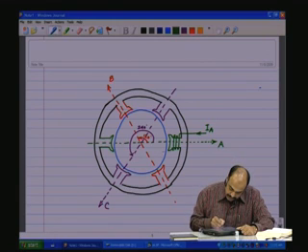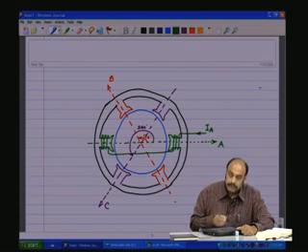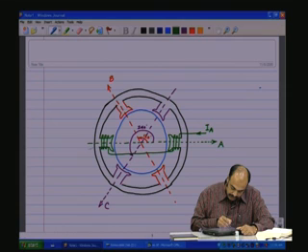Internally this coil is then brought in and connected, wound around the other part of the pole to get the south pole, and taken out.